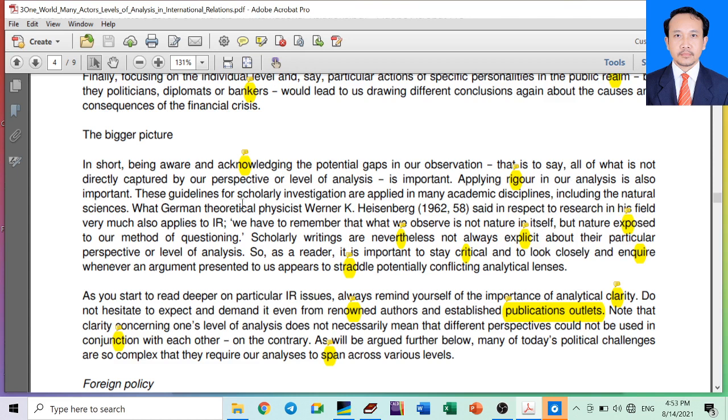These guidelines for scholarly investigation are applied in many academic disciplines, including the natural sciences. The German theoretical physicist Werner Heisenberg, 1901 to 1976, said in respect to research in his field something that very much also applies to IR.